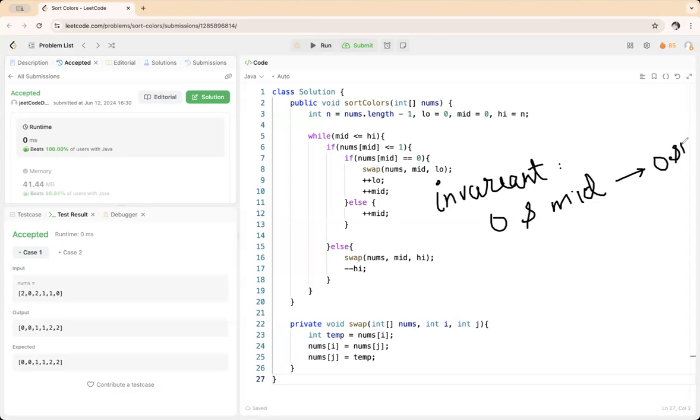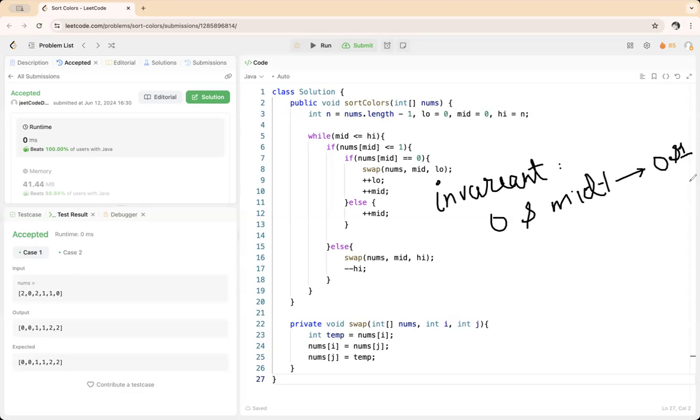Nothing else. 2 will not come in between 0 and mid during the execution of this algorithm, at the beginning of this algorithm, or after this algorithm finishes. At that time also, in between 0 and mid minus 1, the only values allowed are 0 and 1. This is an invariant of the Dutch national flag algorithm.